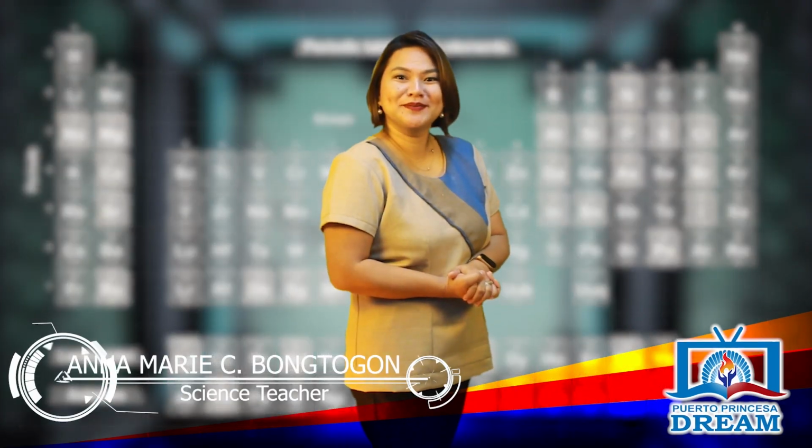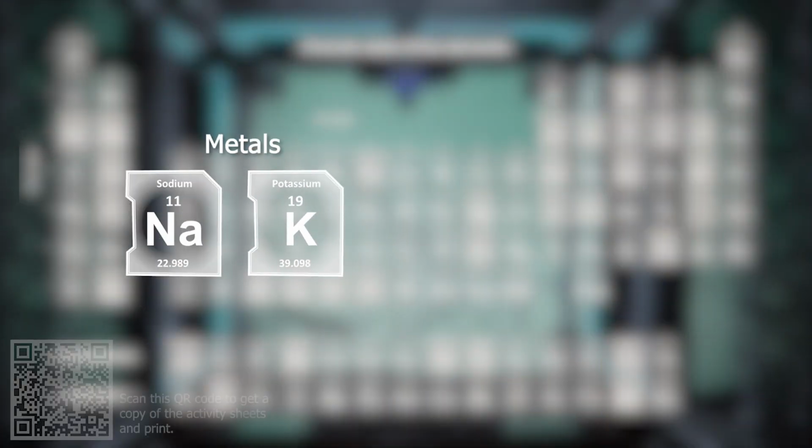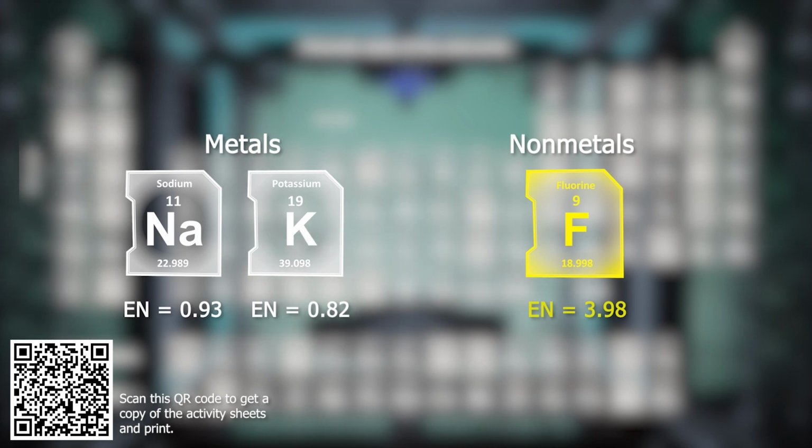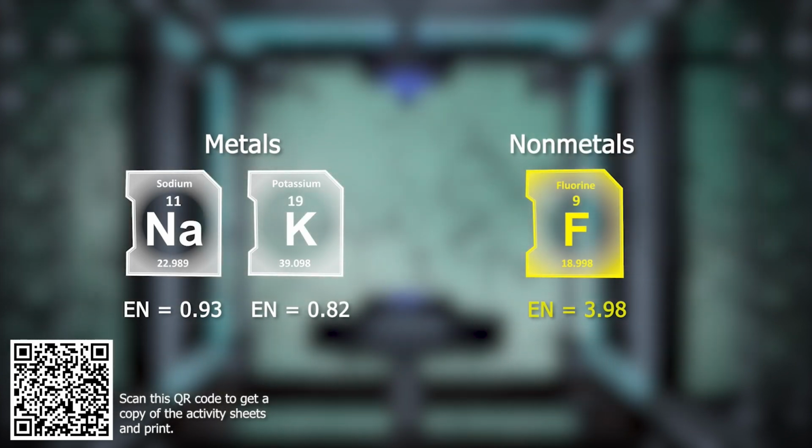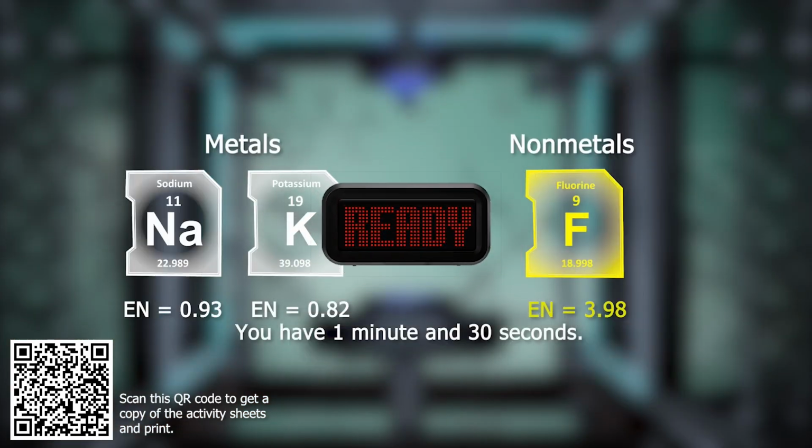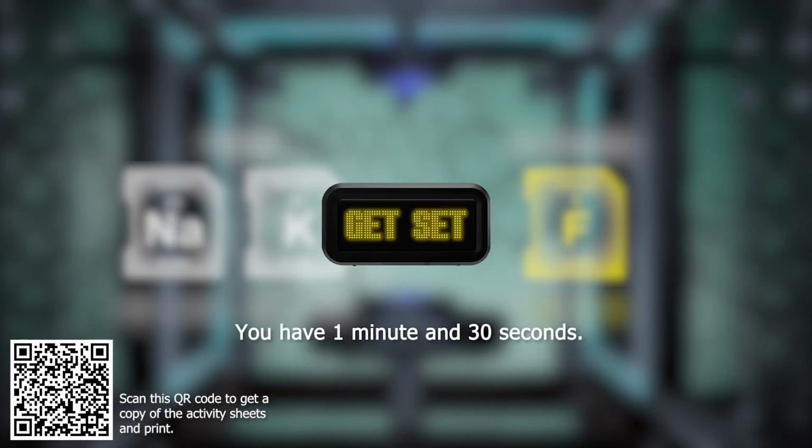Very good! Now, given the following elements with electronegativity, illustrate how ionic bonding is formed by following steps 1, 2, 3. You may scan the QR code on the screen to have a copy of an activity sheet and print it. You have 1 minute and 30 seconds to do this.